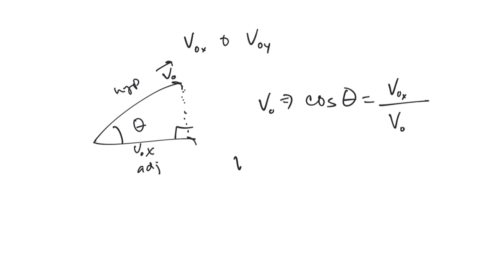So to find our velocity naught in the x direction, you've just got velocity naught times cosine of theta. If you wanted to find it in the y direction, you just use the other trig function: v naught sine of theta. Now the cool thing is you could go ahead and take those and plug them into our general equations. So you would get the following.